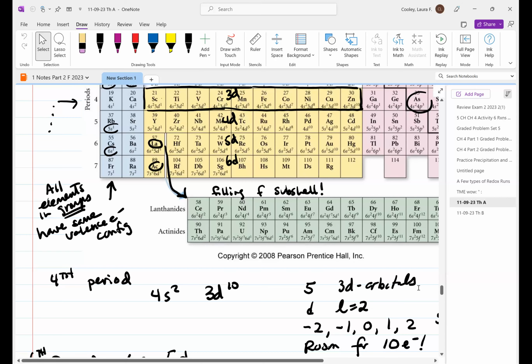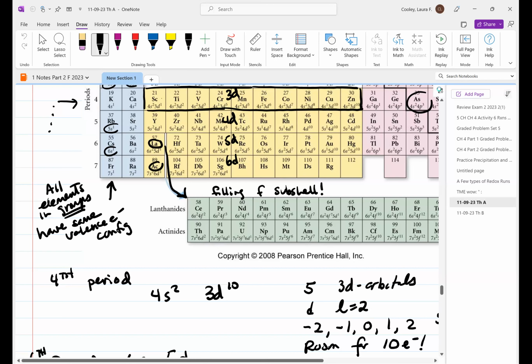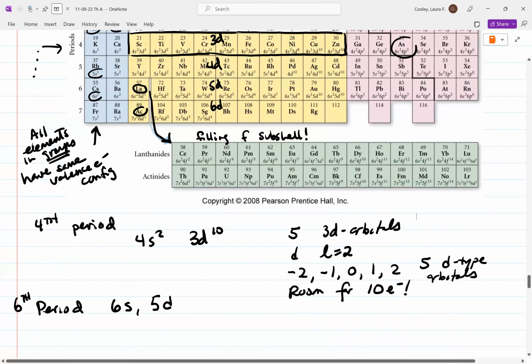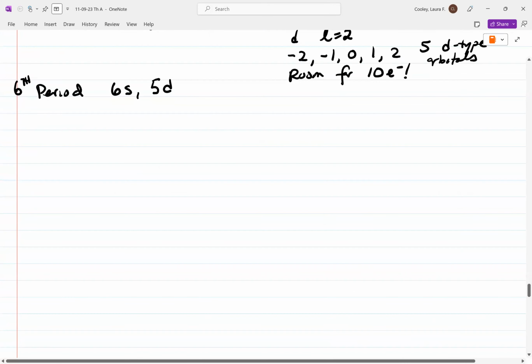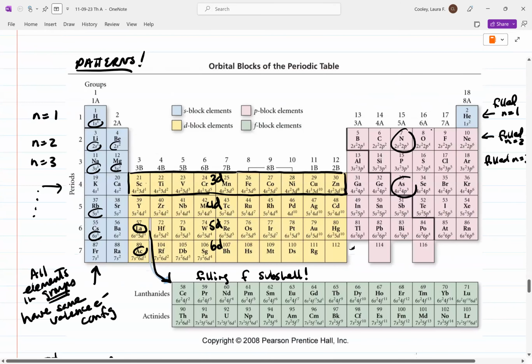Of course, I closed the wrong one. Okay. Oh no, it took my diagram away. I'm just going to go back then.